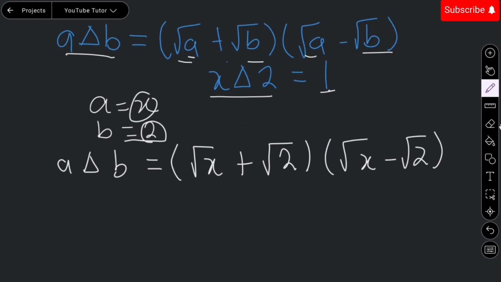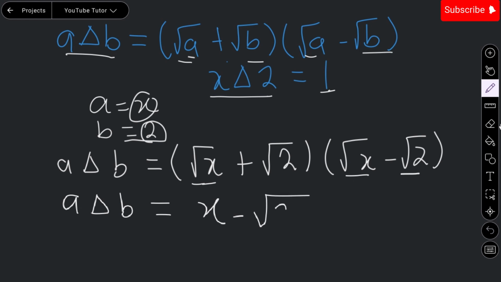Now we have A triangle B being equal to this times this gives us x. This times this gives us negative root 2x, plus this times this gives us positive root 2x, and this times this gives us negative 2.